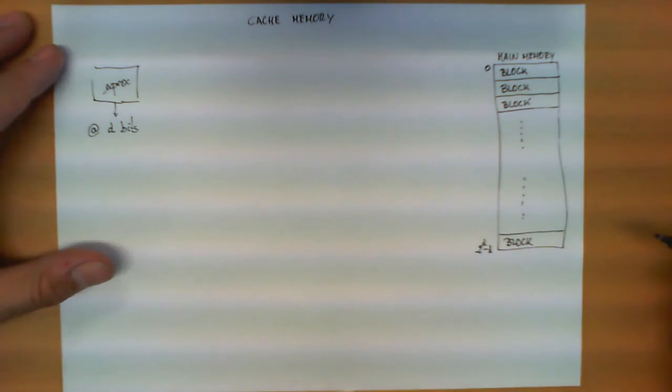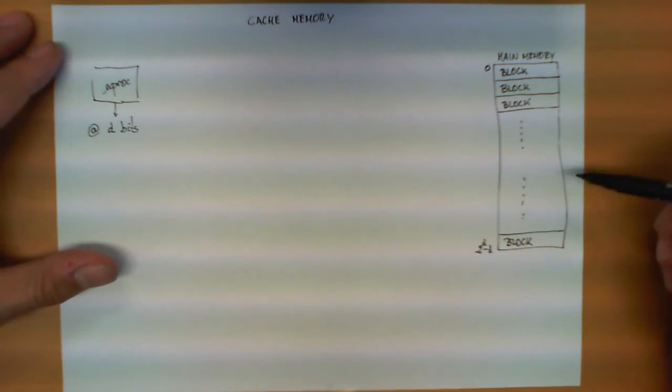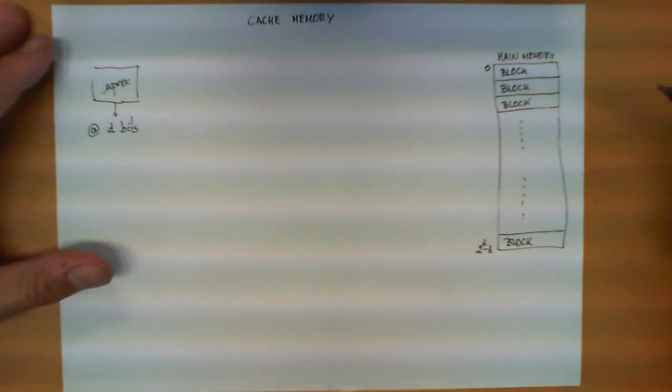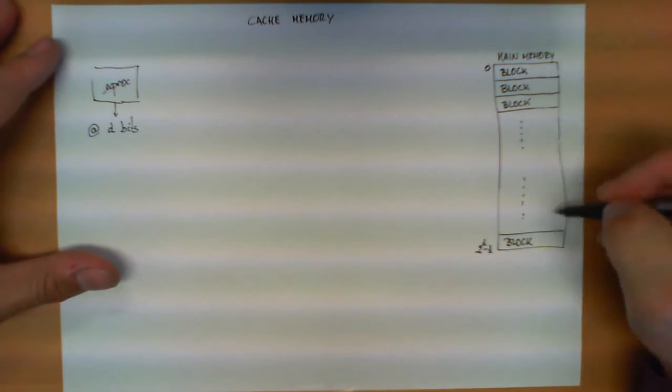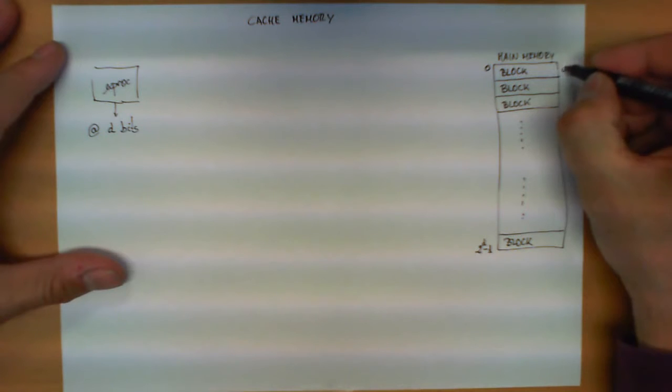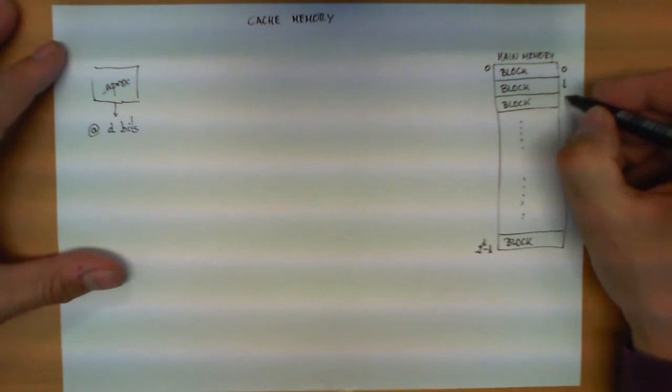over here. Now these blocks contain several addresses, but the same way each address has a number, we can also number the blocks, starting at 0, 1, 2.